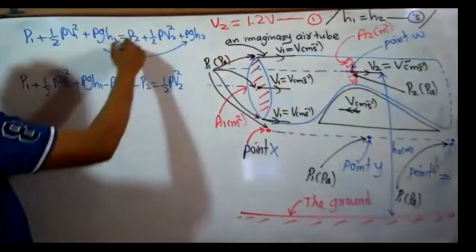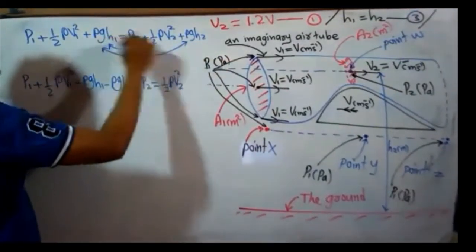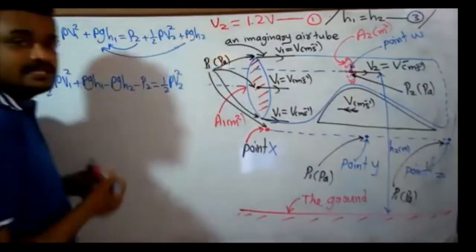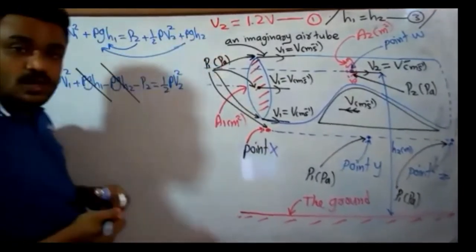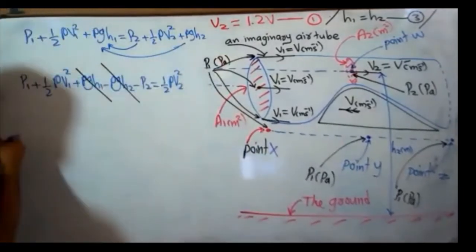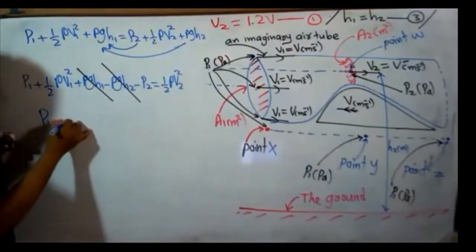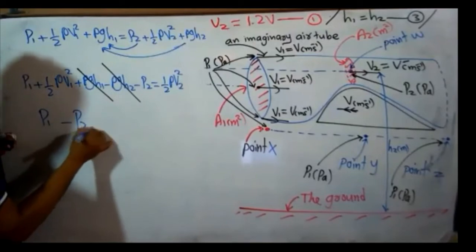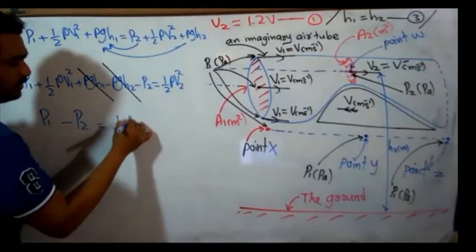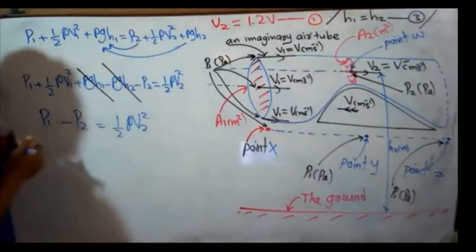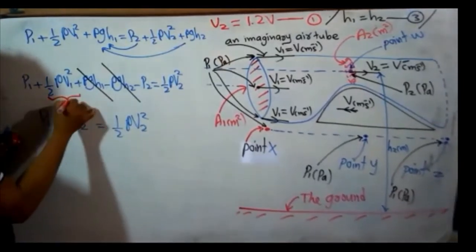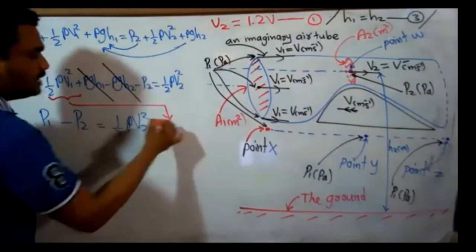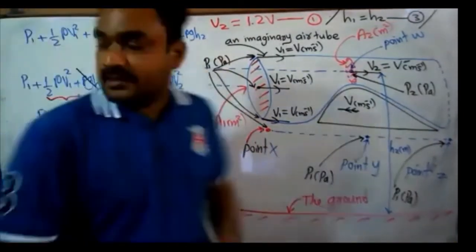I have taken both rho gH2 and P2 to the other side, then rho gH1 and rho gH2 cancel out. So next step, I can write P1 minus P2 equals half rho V2 square, and I'll take the term half rho V1 square here. Can you understand here?